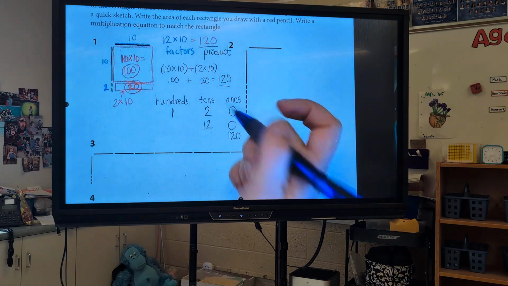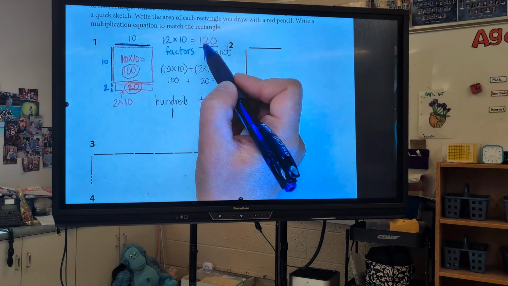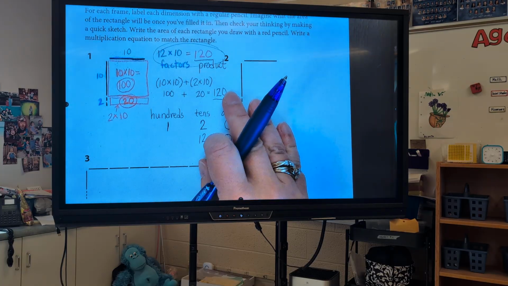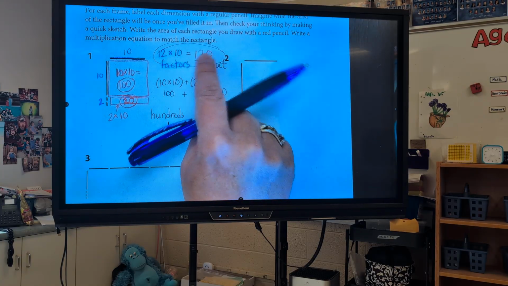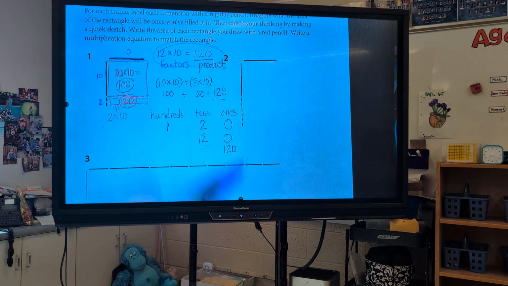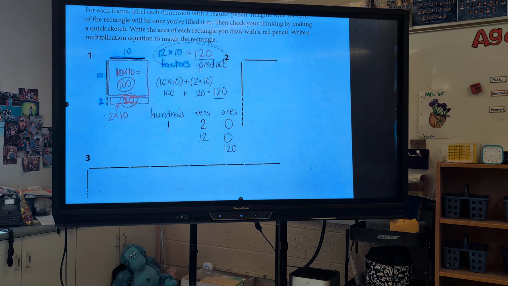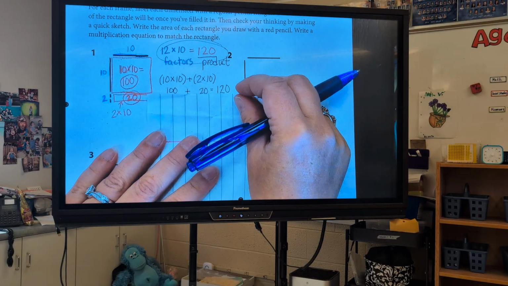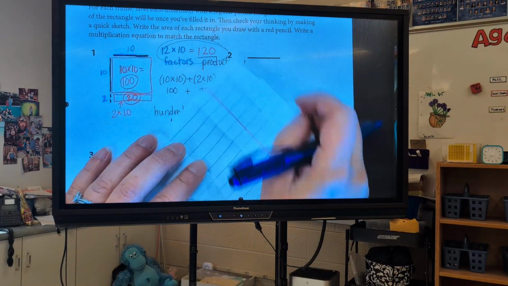I want you to notice, lastly, what is happening here when we have this equation. 12 times 10 ended up being 120. So let's look at that for a minute in our notes, and we're going to use a ratio table to represent this.